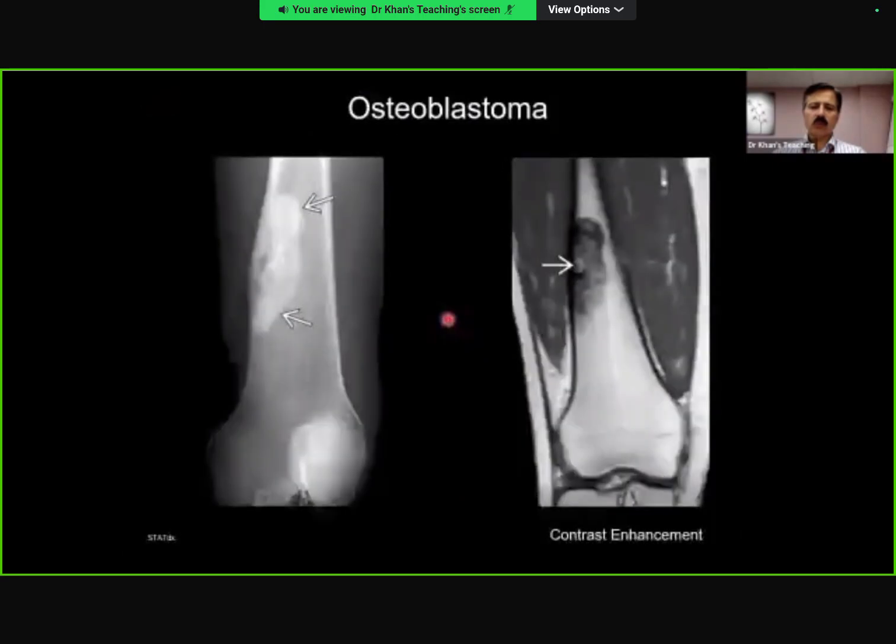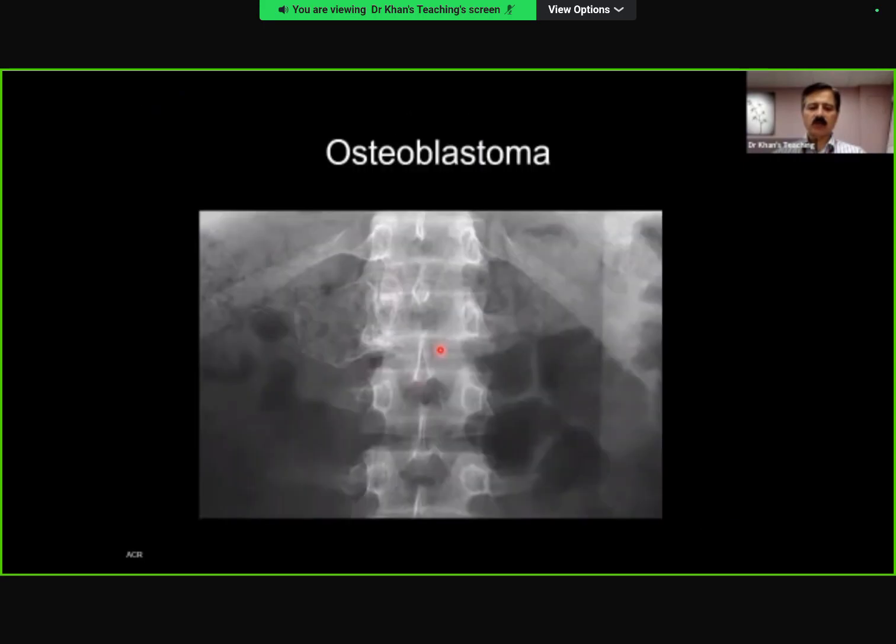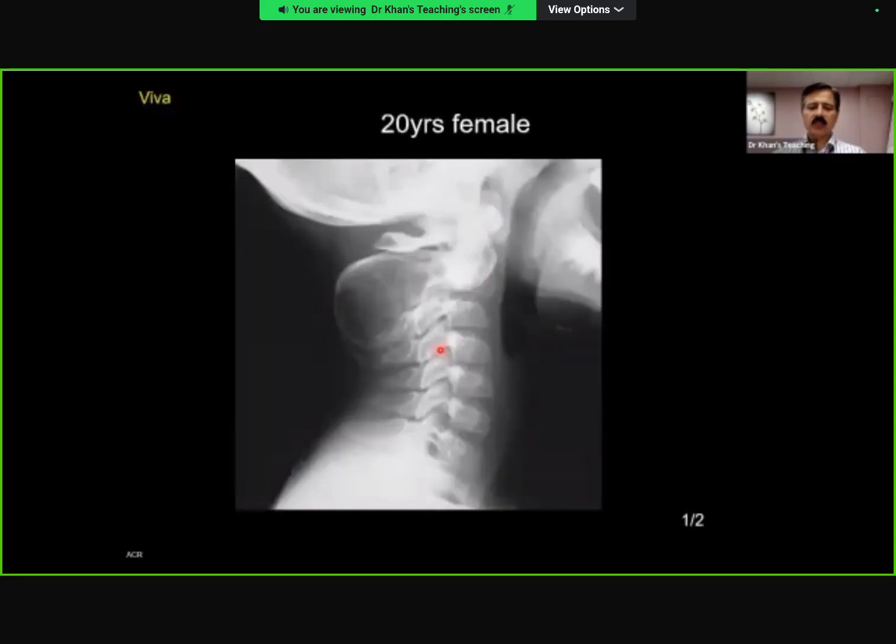They will show you osteo what we call in spine. And another example where you can see that this pedicle is visible, but then you can see that there is expansion of the transverse process. So this is another case.